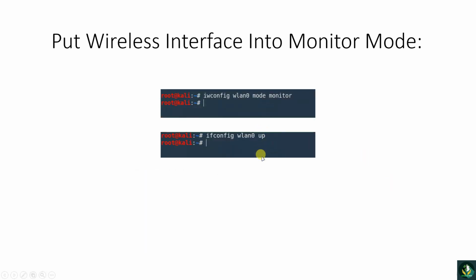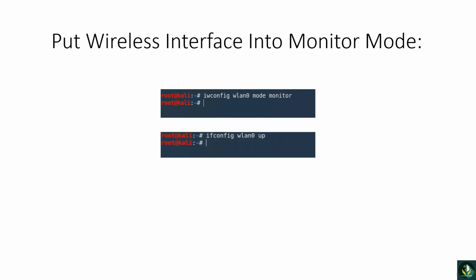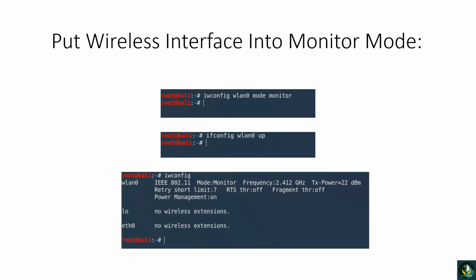Previously we disabled the network interface, so now we have to enable it again. Just type ifconfig wlan0 up and the interface will come back up. Then simply type iwconfig, and as you can see, it's now in monitor mode.